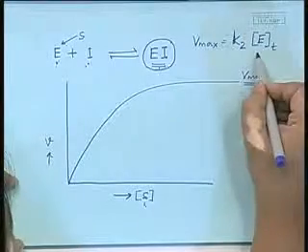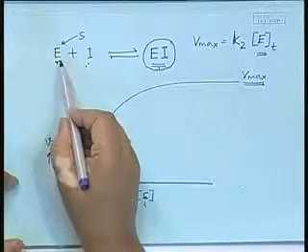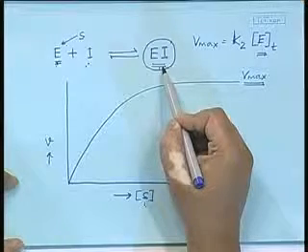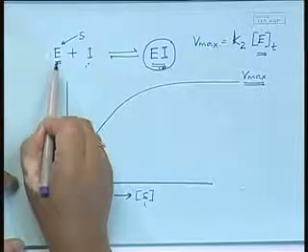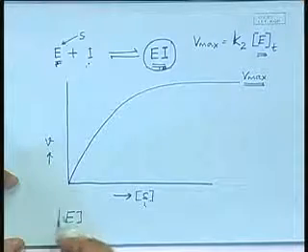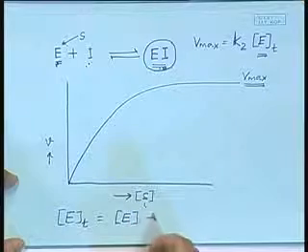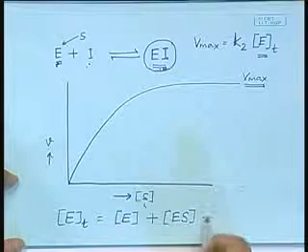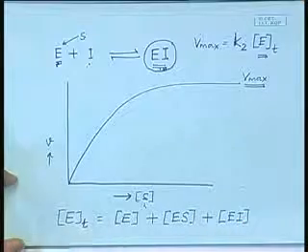Now, part of this enzyme may have formed an enzyme inhibitor complex, but that enzyme inhibitor complex can also dissociate to form back E. So, the total enzyme actually now is the free enzyme plus enzyme substrate complex plus enzyme inhibitor complex, right.